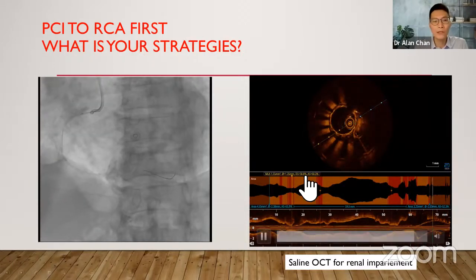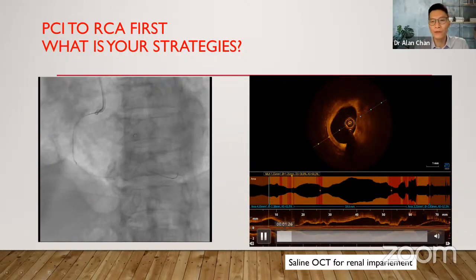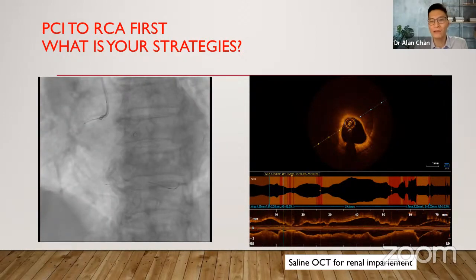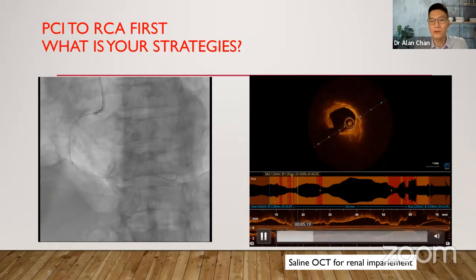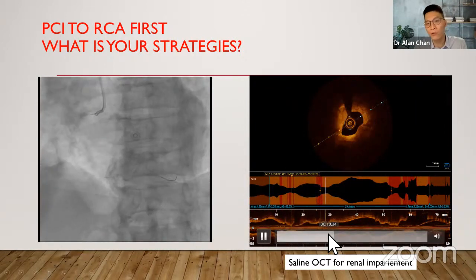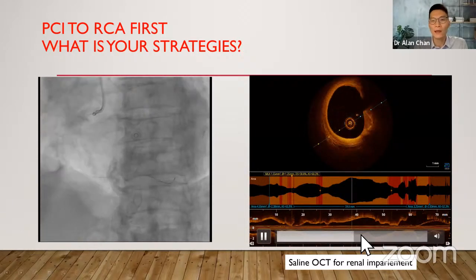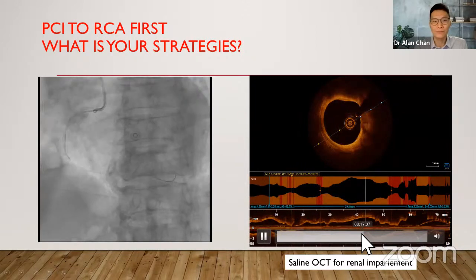From the OCT, I hope you can appreciate this very diffuse thick calcification. Some segments are concentric 360 degrees, some segments around 180 or up to 220. So in fact, it's very long, thick calcification.